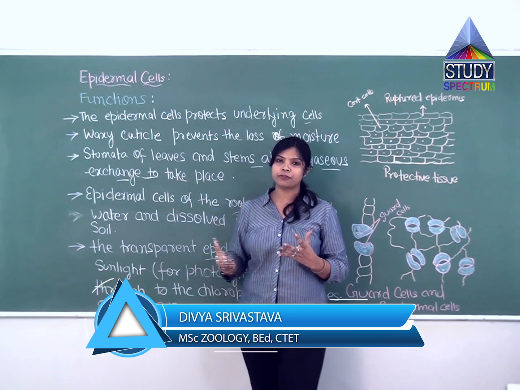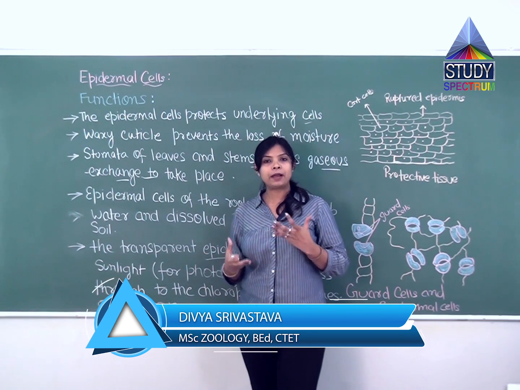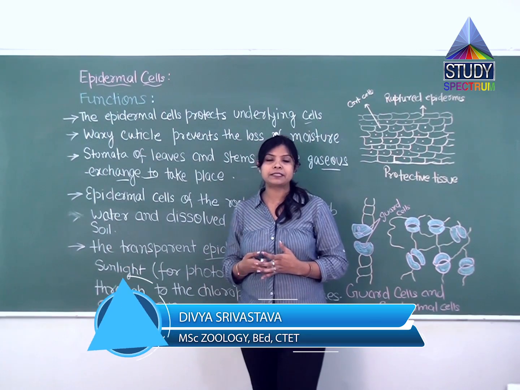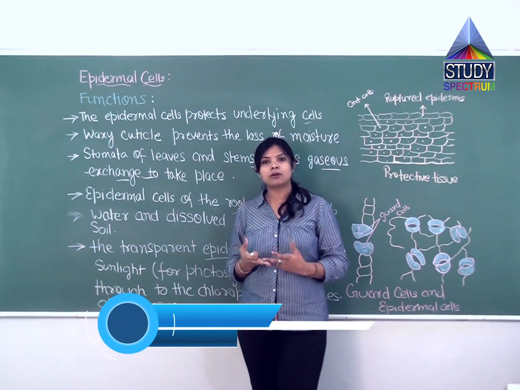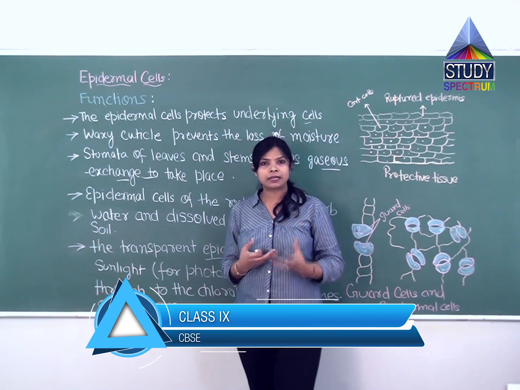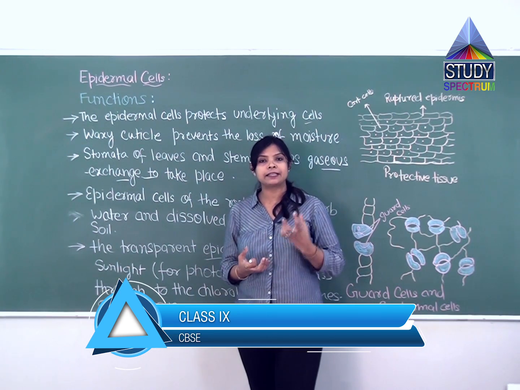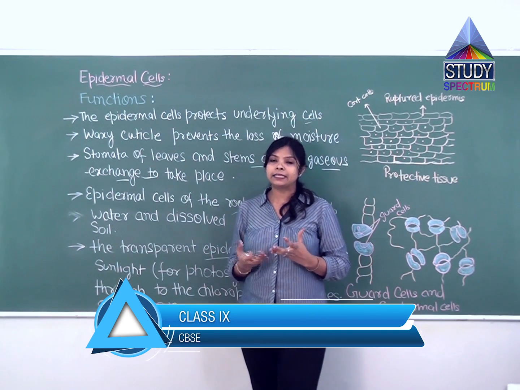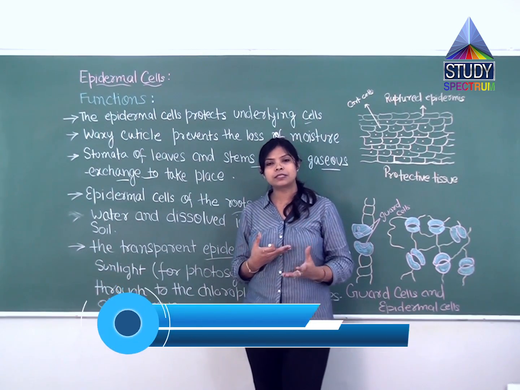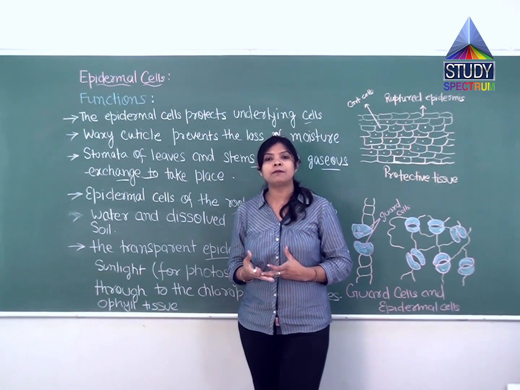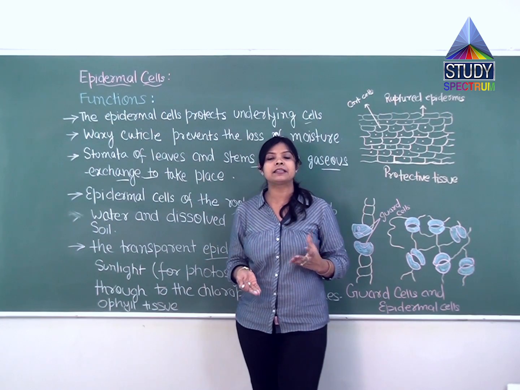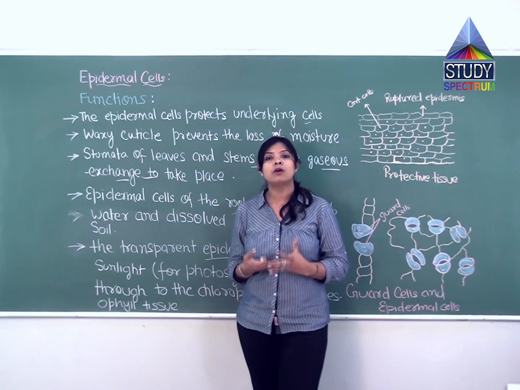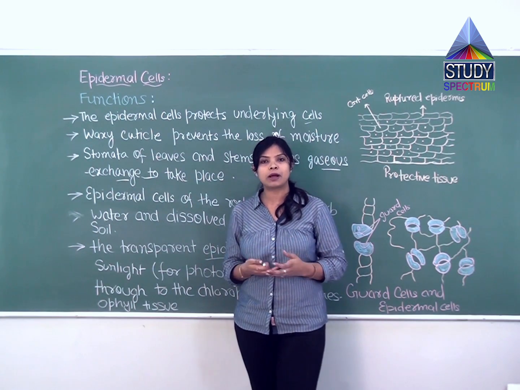Chloroplast will be absent in epidermal cells. But stomatal cells are bounded with guard cells and have chloroplast. They are also found on the root surface, where they increase the surface area for the absorption of minerals and water from the soil.